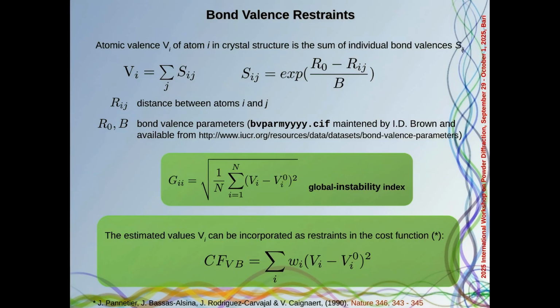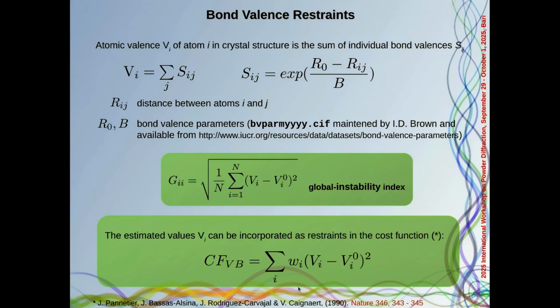And this quantity can be incorporated into the global instability index. This is a quantity that you can find in the literature, and in the case of inorganic compounds, it's used to evaluate the deviation of your crystal structure from the ideal crystal structure, or sometimes for validating an inorganic crystal structure, because if you have an unreasonable value of this quantity, that means that, for example, you have a problem in your structure: the space group can be wrong, or you have missing atoms or missing bonds.